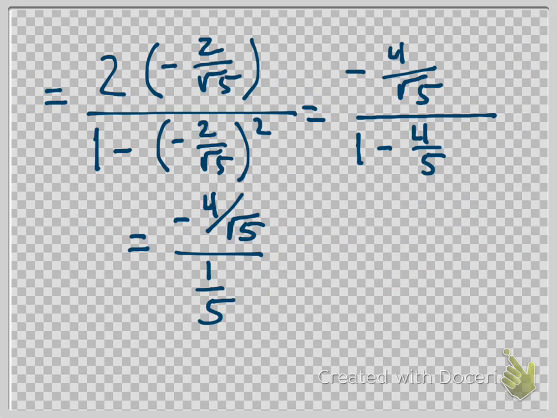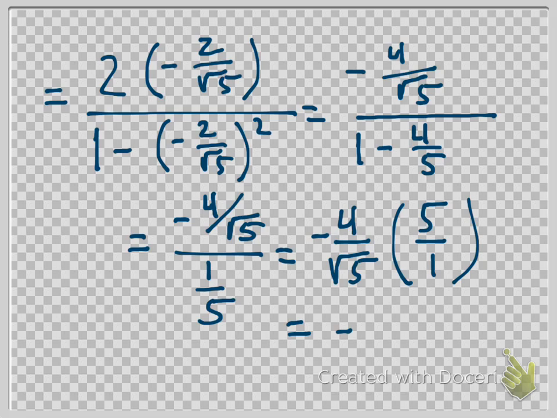So that 4 over square root 5 divided by 1 minus 4/5 turns quickly into just divided by 1/5 on the bottom, which I can work out by multiplying by the reciprocal. Negative 4 over root 5 times 5 over 1 gives me negative 20 over the square root of 5.